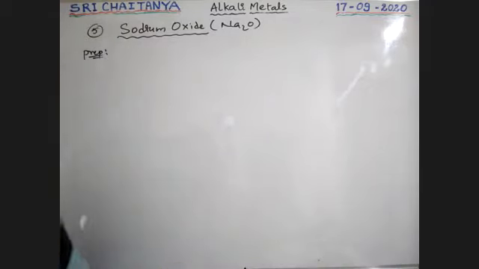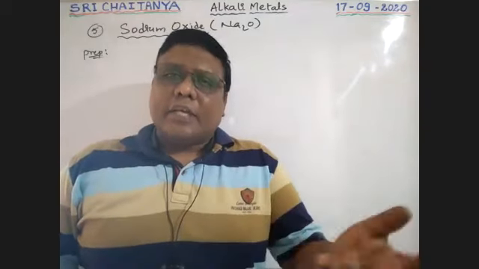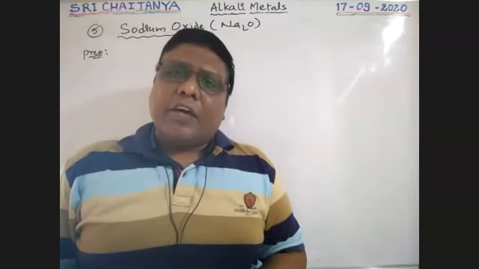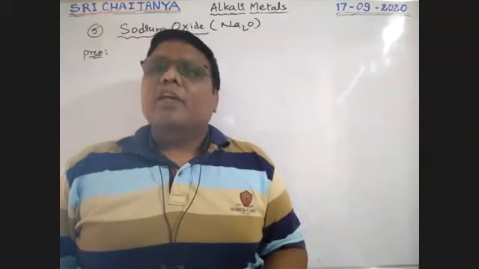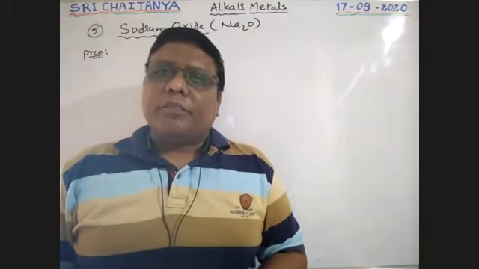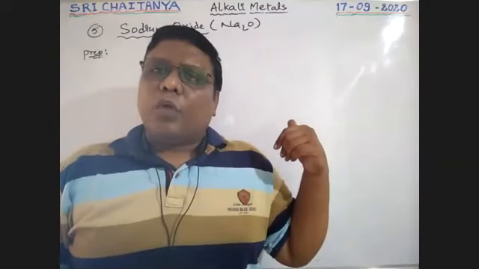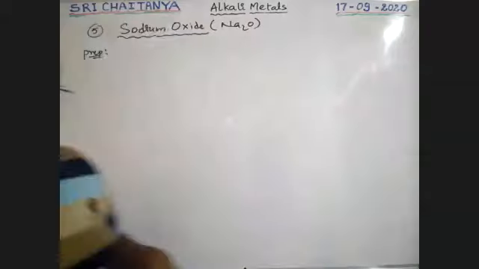See boys, generally sodium forms peroxide with oxygen. If excess of oxygen is there, peroxide is the final product. If limited supply of oxygen or air is there, oxide may be the final product. But I want the monoxide, so limited supply of air or limited supply of oxygen. That is the technique used here.